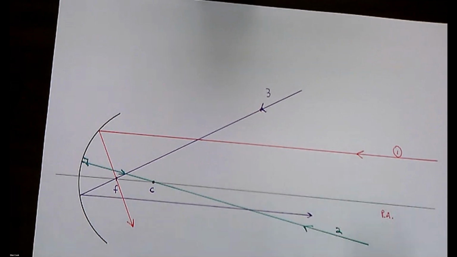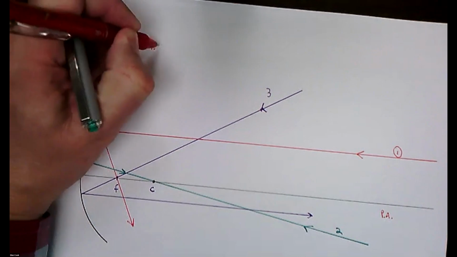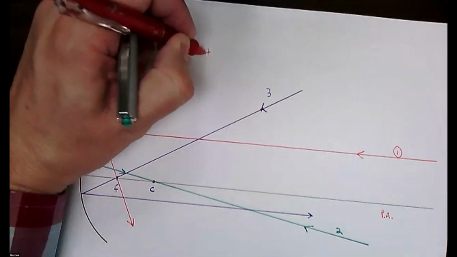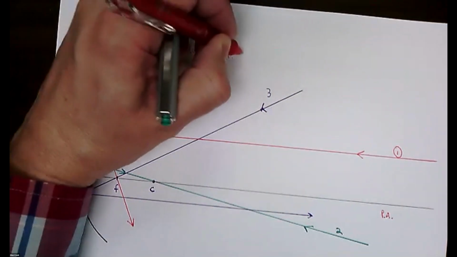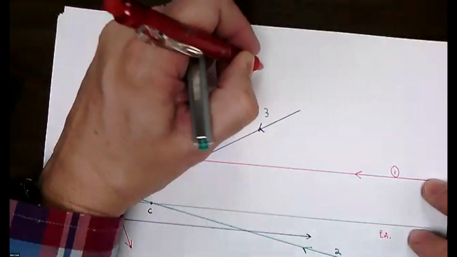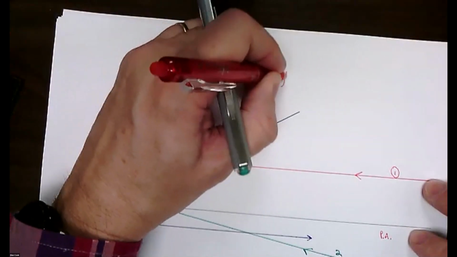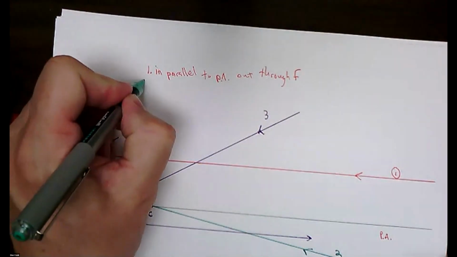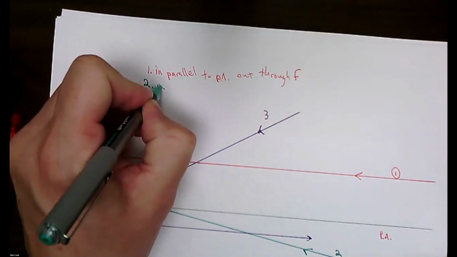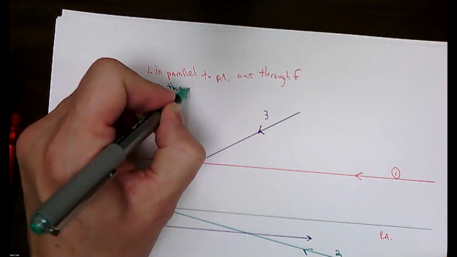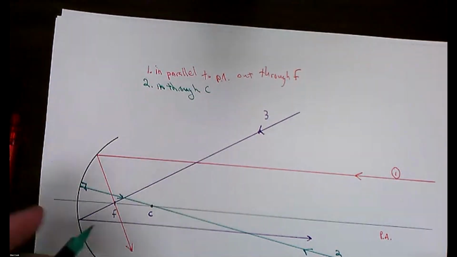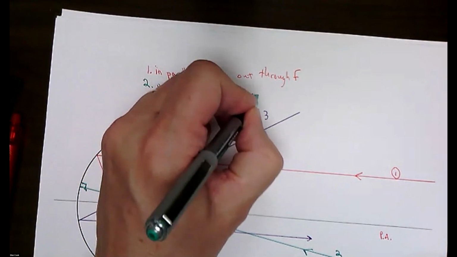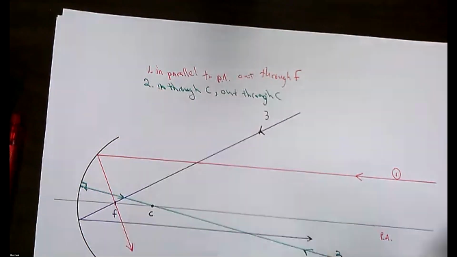So light ray 1, I'll make a note here, light ray 1 is in parallel to the principal axis, out through the focal point. Okay. Light ray 2 in through point C, which is the center of the curvature, comes out through point C as well.